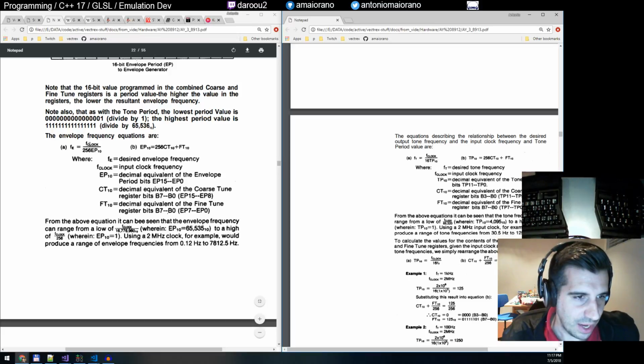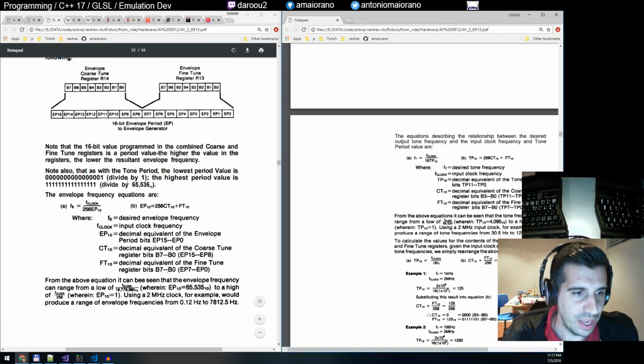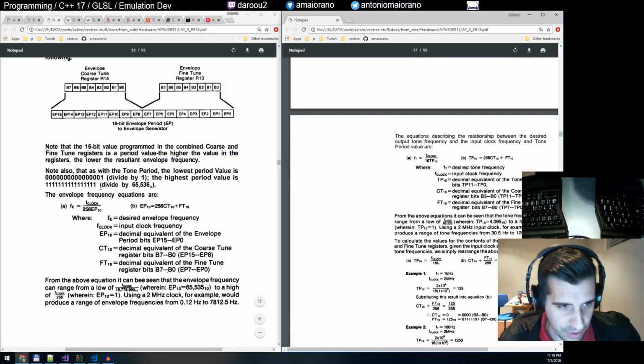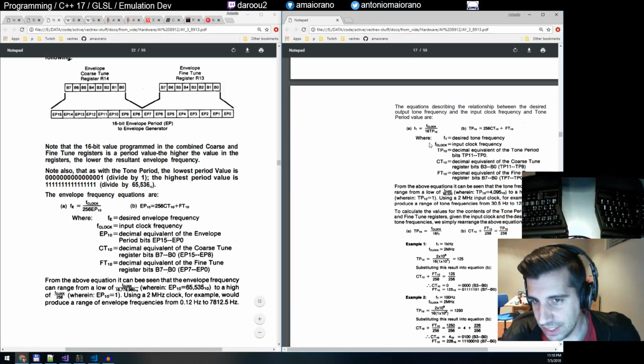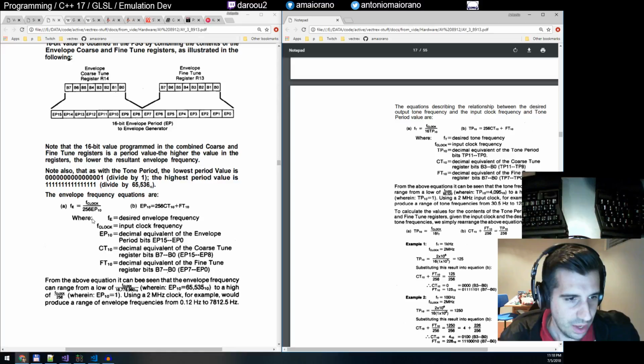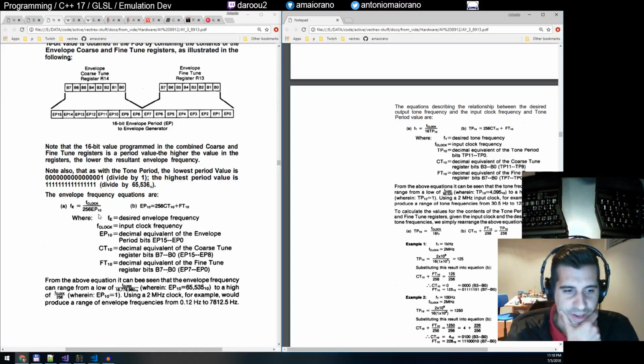And then it's just saying that frequency-wise, because for the envelope we supposedly have to wait 256 cycles, the frequency of the input CPU clock is further divided by 256 for the envelope, whereas for the tone generator it's divided by 16, right? What I don't get is if I do that, then we get really, really slow changes.